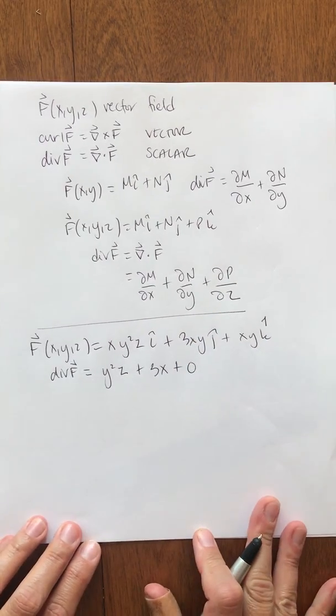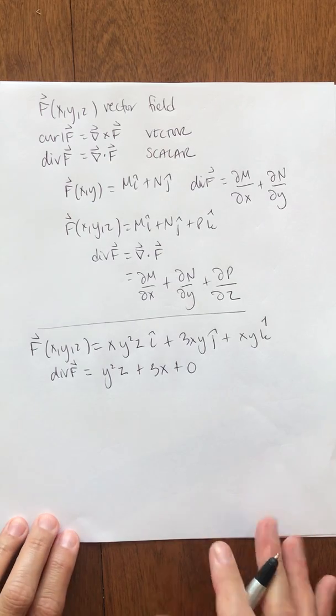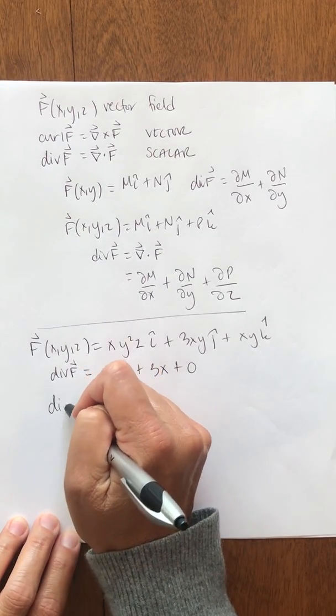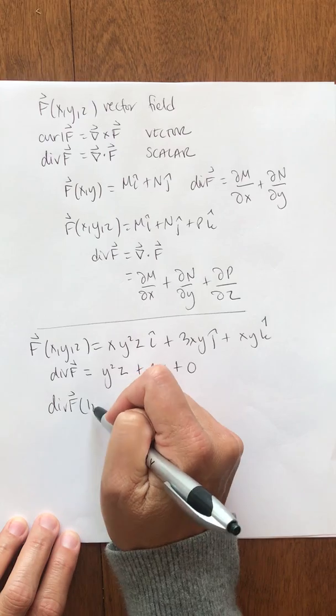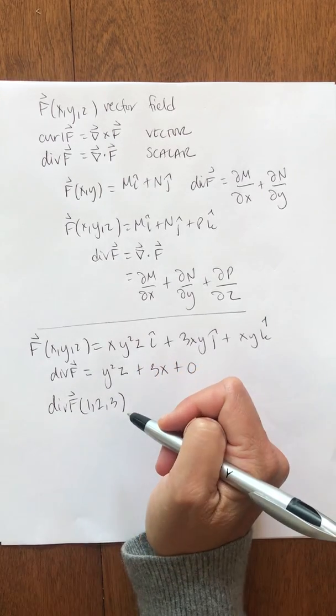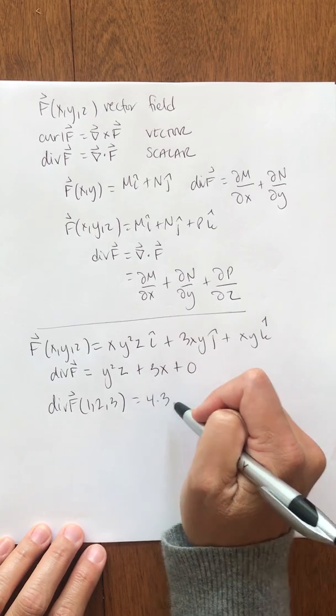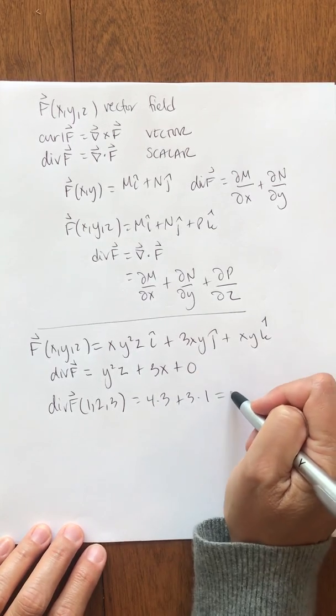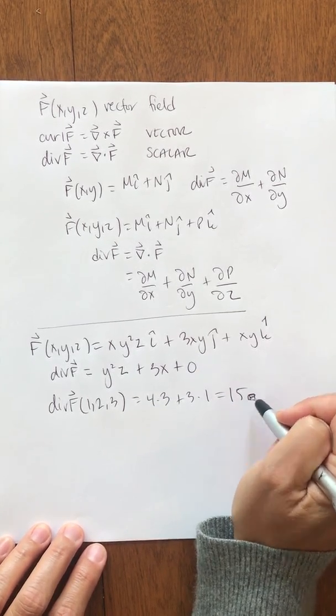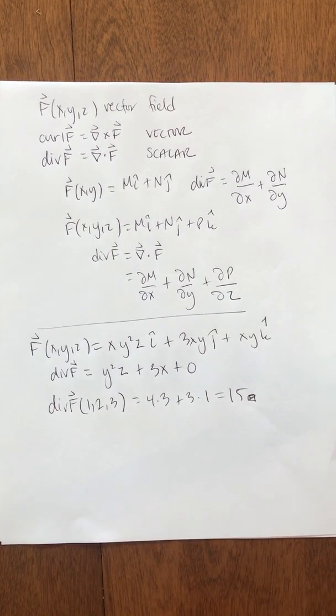Div F itself is a function. It's not a vector-valued function, but I can find div F at everyone's favorite point. This will give me 4 times 3 plus 3 times 1, which is 15. So again, div F is a scalar, but it's also a scalar function.